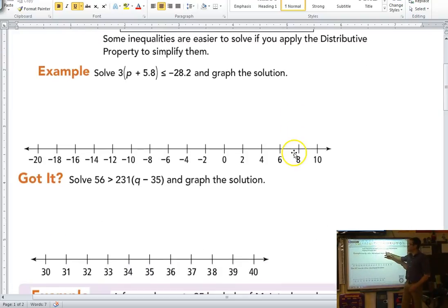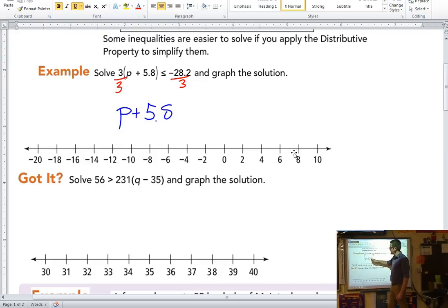So here, because this is multiplying by 3, we can actually, instead of distributing, and please show this work on your paper, we can divide by 3 and divide by 3. That gets rid of the 3 out front, and my left-hand side just turns into P plus 5.8. Because I divided by a positive, my inequality symbol doesn't change. It just carries down exactly how it is.